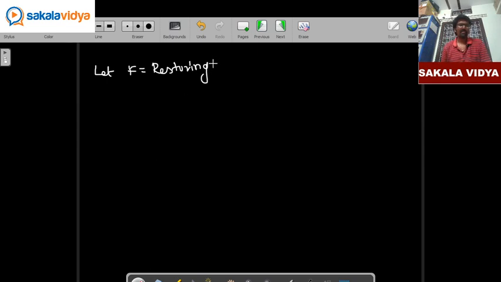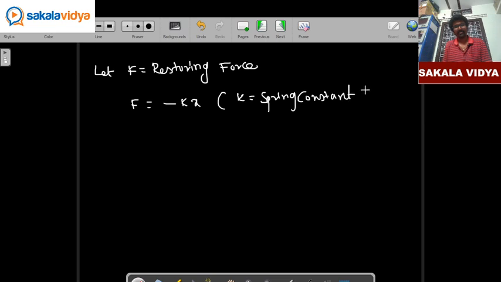On the removal of force, your spring gets back to its original place. For a spring, the formula for restoring force is minus k into x, where k is spring constant and x is displacement.